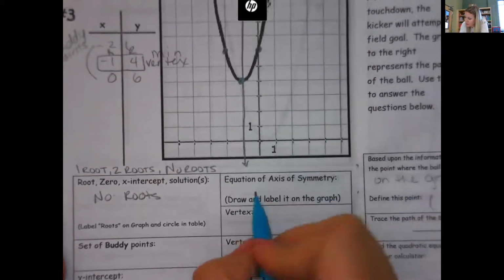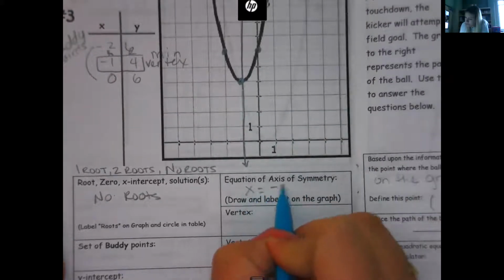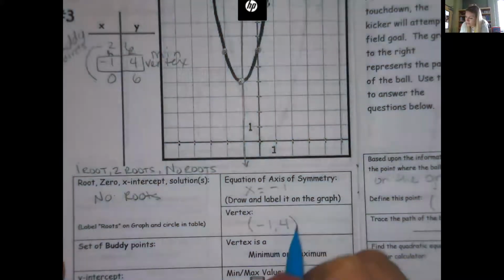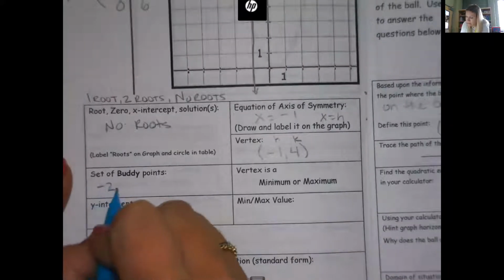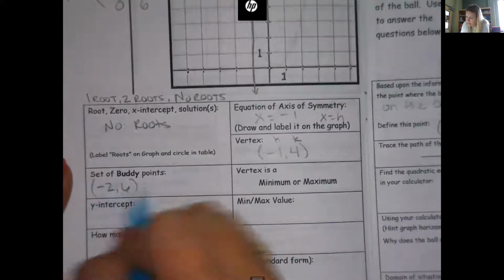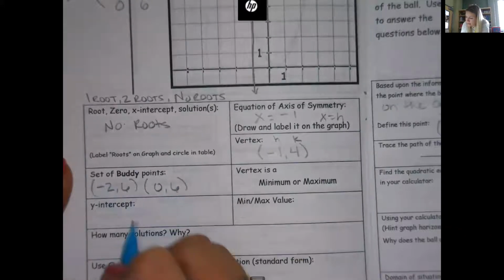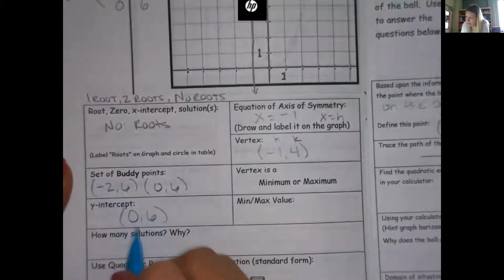Our axis of symmetry we just did. X equals -1, and our vertex is (-1, 4). Remember, this is our HK, and this is always x equals h. We do have our buddy points at (-2, 6) and (0, 6). (0, 6) is also our y-intercept.